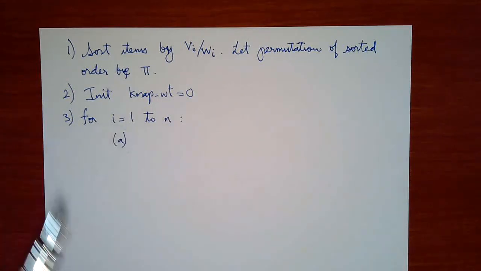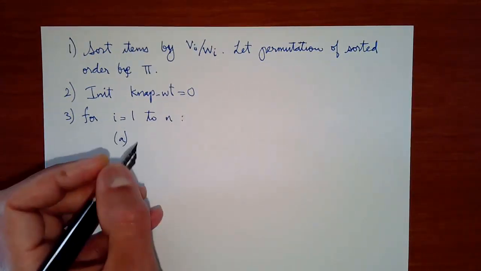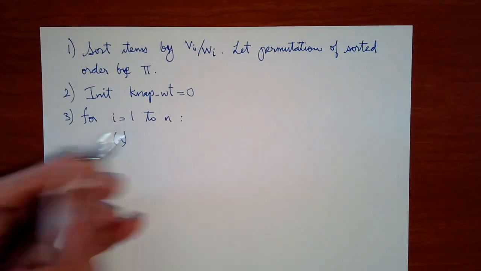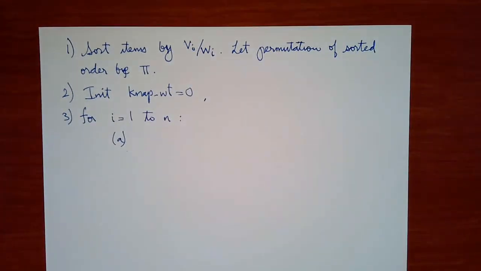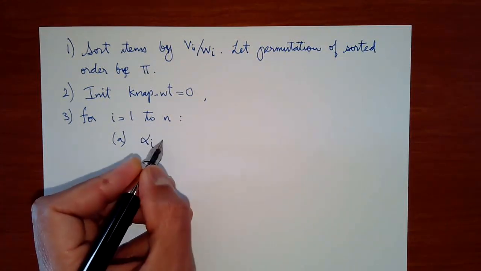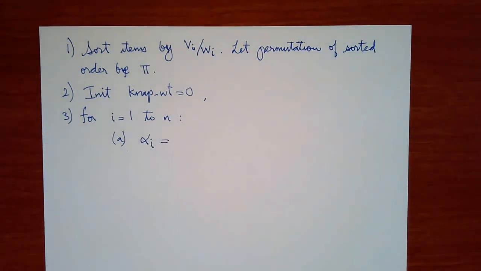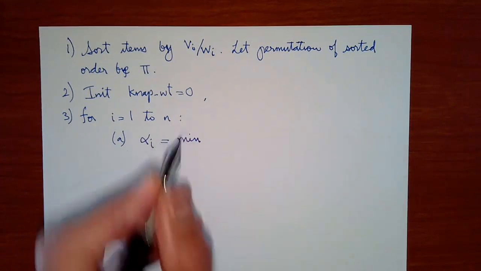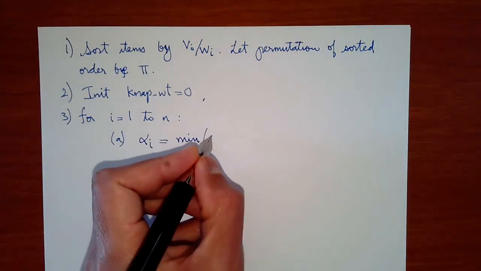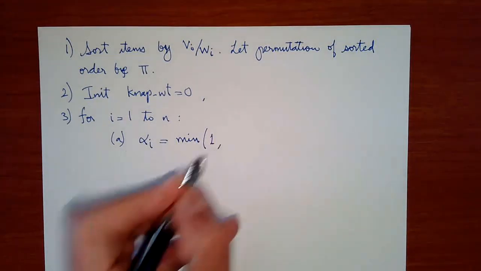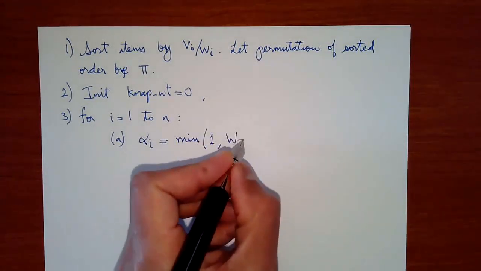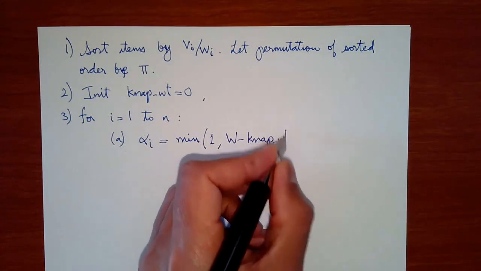So now what I do is initialize knapsack to be 0. I'll set alpha i, which is how much I'm going to pick of the ith item, to be the min of, so either I take all of it or I take whatever is left in the knapsack, which is W minus the knapsack weight.